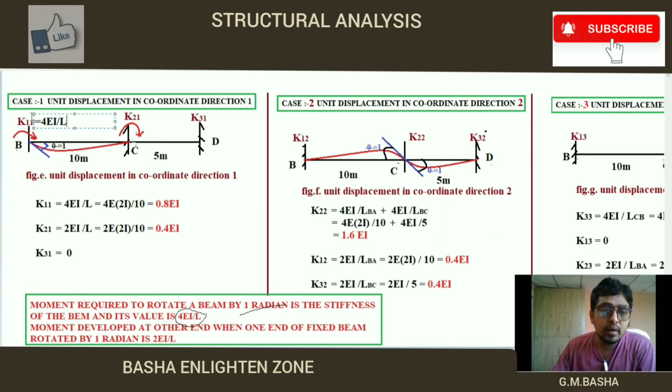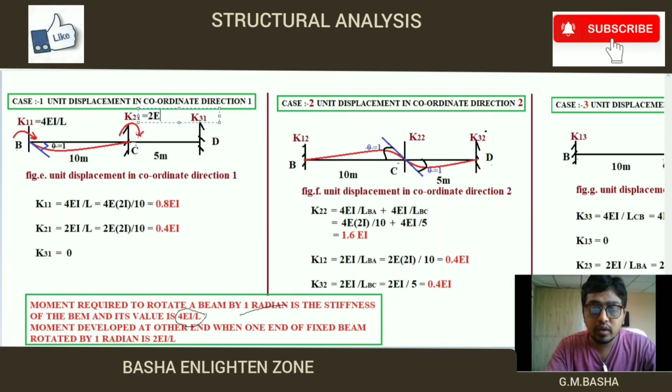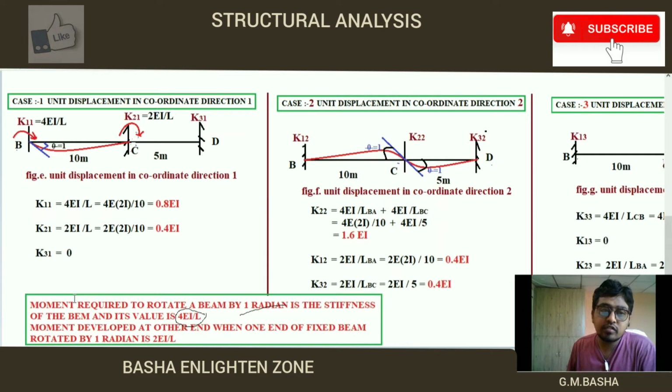Whatever moment is applied here will be 4EI by L, and whatever moment is developed at the other end will be just half of this K11, meaning we are just carrying half of the moment to its other end. So the moment developed at the other end will be half of that moment, which will be equal to 2EI by L. So please remember it in a shortcut way. You need not do all the calculation for 4EI by L like in the previous example.